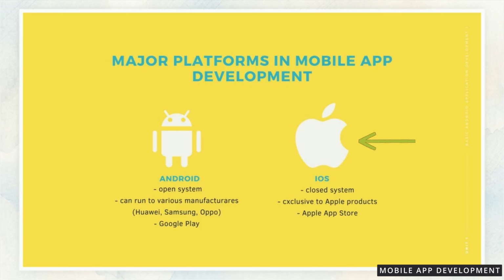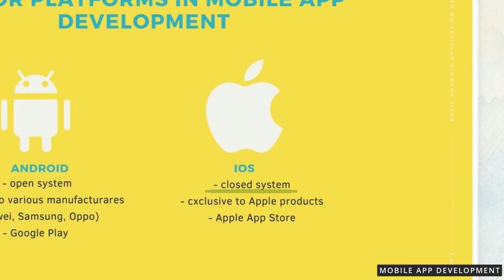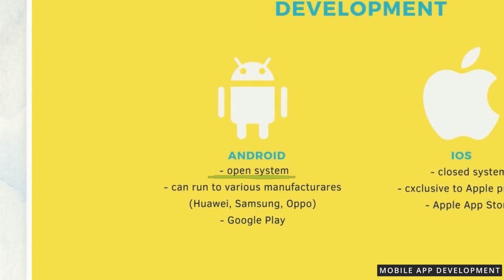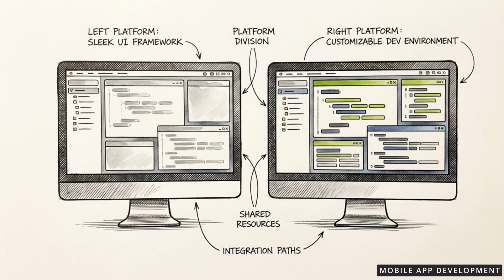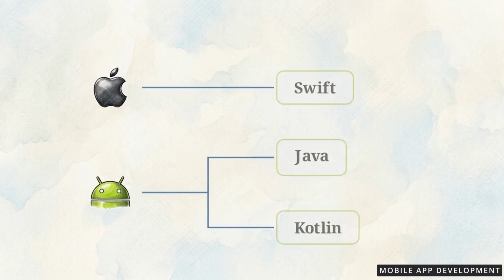Apple's iOS, introduced in 2007, is a closed system exclusive to Apple products, using the App Store. Android, released in 2008, is an open system running on various devices, offering more customization and using the Google Play Store. Choosing between Apple's exclusive system and Android's open system is mandatory because that choice determines the exact coding languages and tools the developer will have to use.